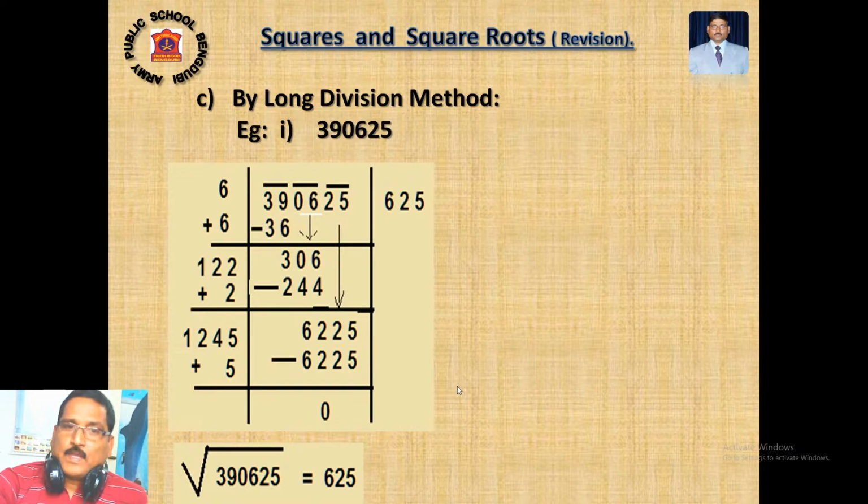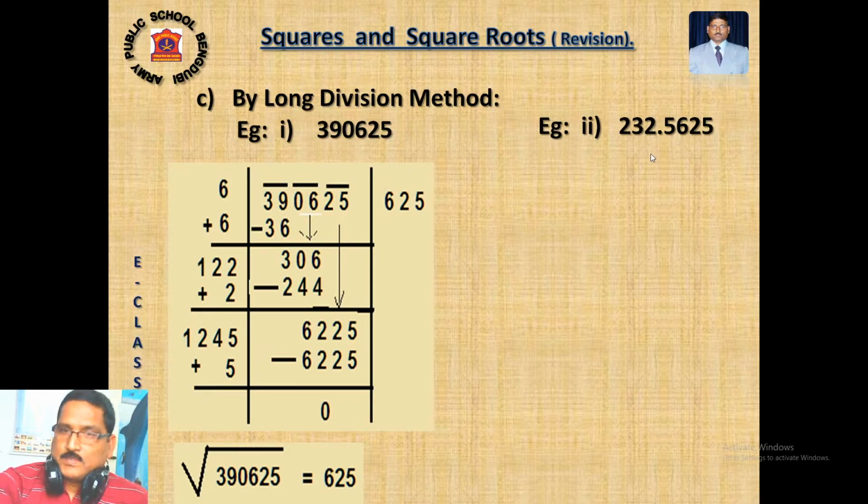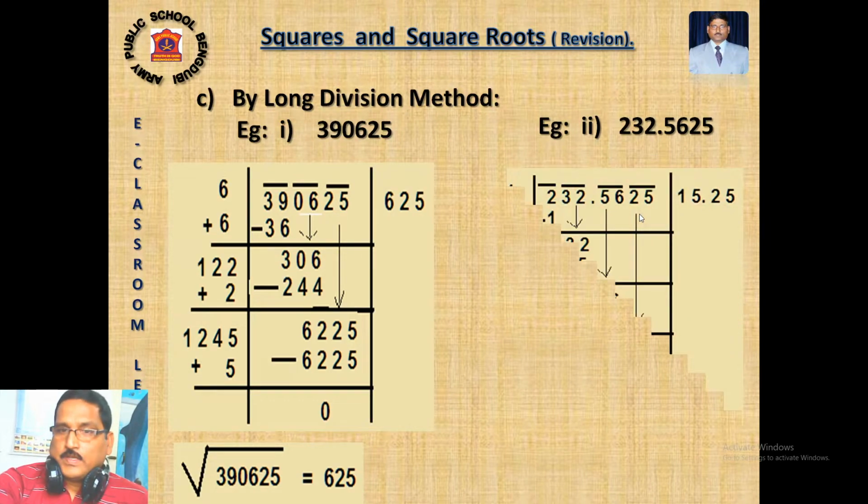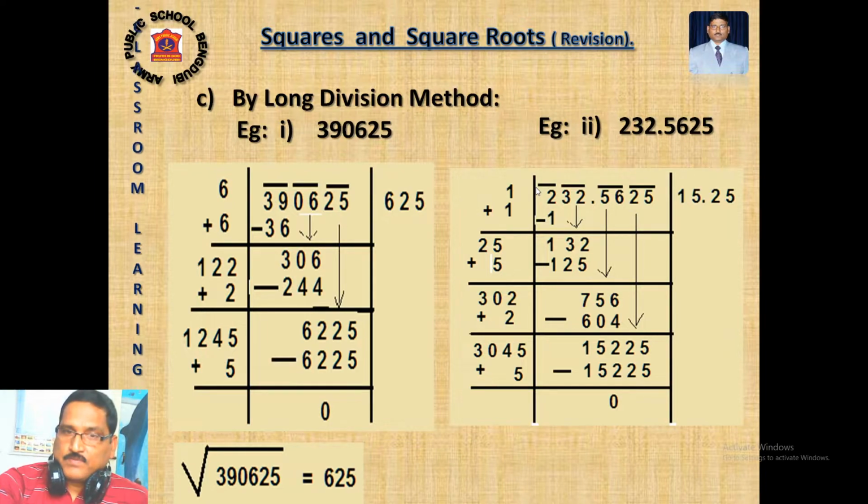Now another pre-solved example, say it has a decimal part. In this case, if I start from this side, it will not fulfill our purpose. It will be wrong. So from the decimal point, you have to put a bar from this side for the units and tens, and the other decimal part from the other side. After the tenth place, you start placing bars from the tenth place: tenth, hundredth, thousandth, ten-thousandth.